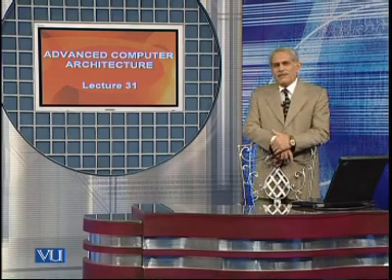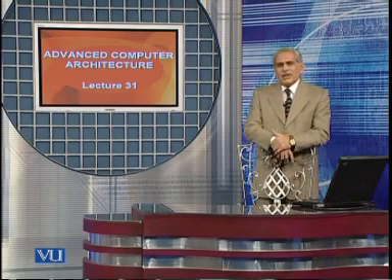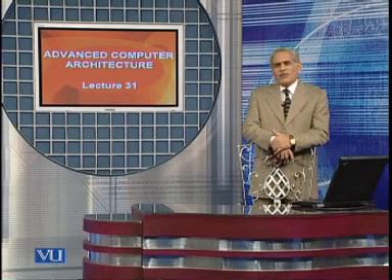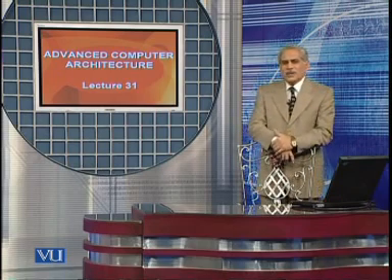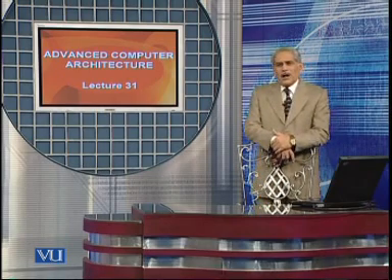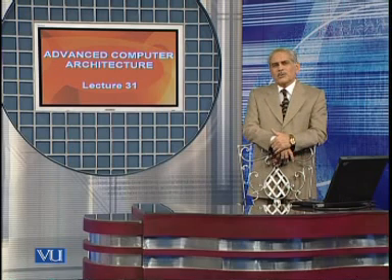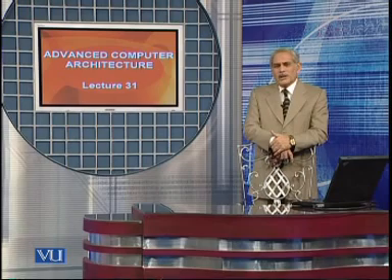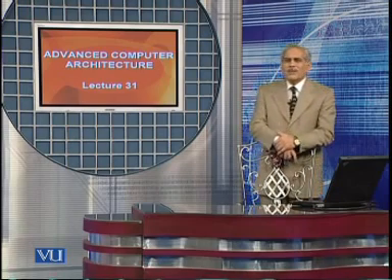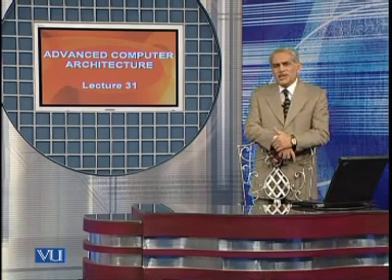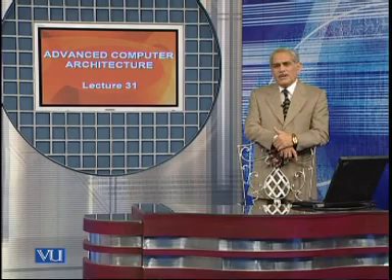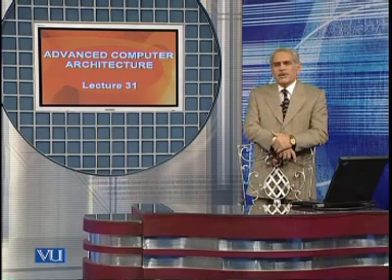Out of these, 3 optimization techniques are large block size, which is usually used to reduce the compulsory misses, large cache size, which is commonly used to reduce the capacity misses, and higher associativity, which is used to reduce the conflict misses.